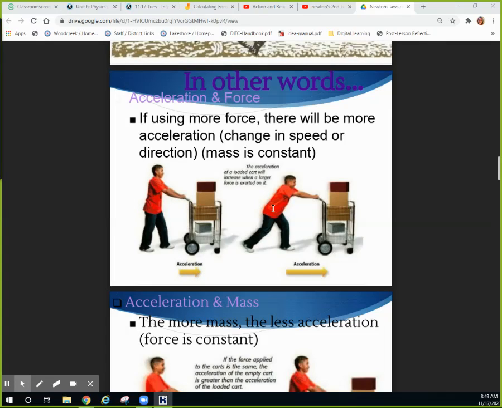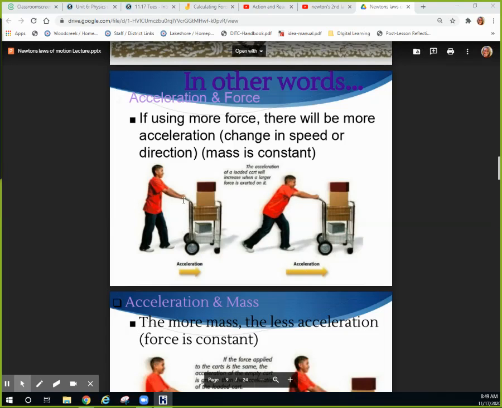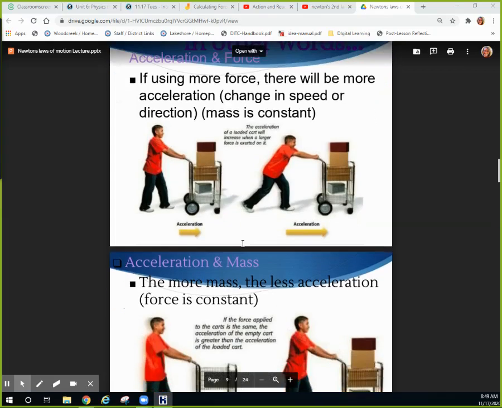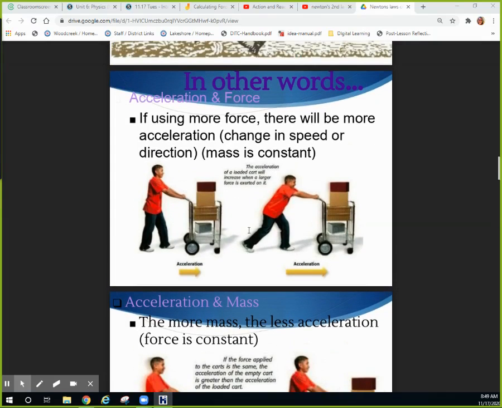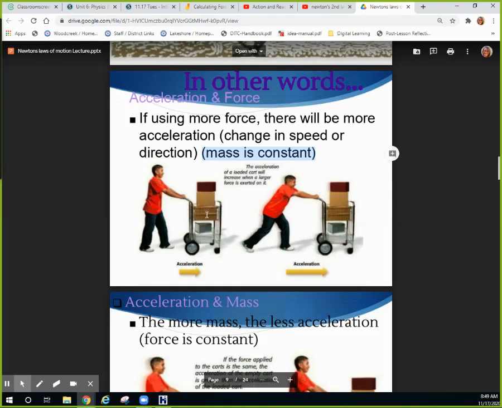But when he applies a lot more force to the cart, he gets a lot more acceleration. So more force, more acceleration, if mass is constant. That's really important: if mass is staying the same. For this example, the mass of the cart is the same in each trial. What he changed was the force, and he saw a greater acceleration when he increased the force.